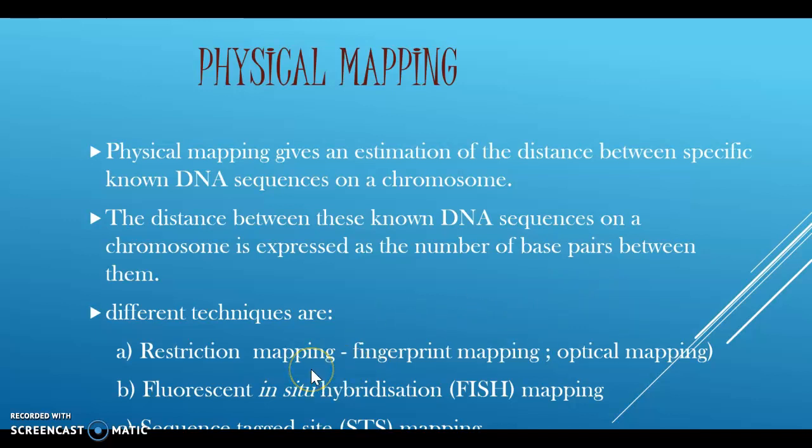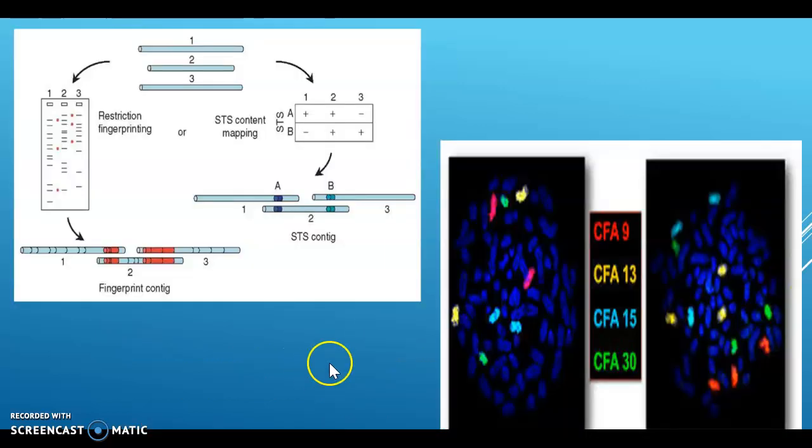Next is radiation hybridization and fluorescent in situ hybridization. In situ hybridization is also called FISH. It is a powerful technique for detecting RNA or DNA sequences in cells, tissues or tumors.